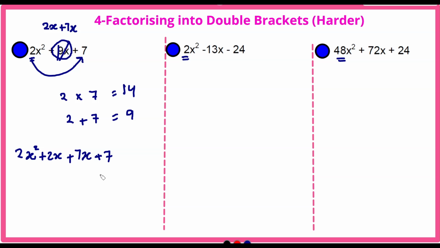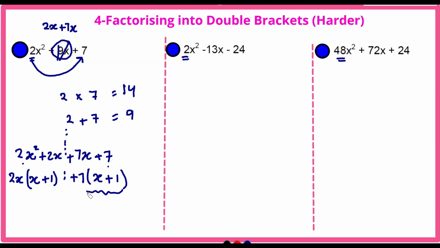What do I do after? If you notice, I keep that and keep that. That's fine. I split here in the middle. Factorize this on its own and factorize this on its own. What's the highest common factor that goes in here? It's 2x. Now we have x plus 1. What is the highest common factor that goes in here? 7. Take 7 out.